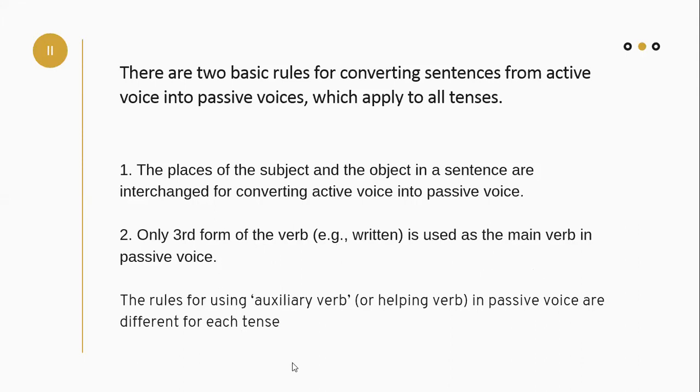If it's an auxiliary verb, or if it's used as a helping verb in passive voice, then we use different rules for different tenses. We will be looking at these gradually. All right.